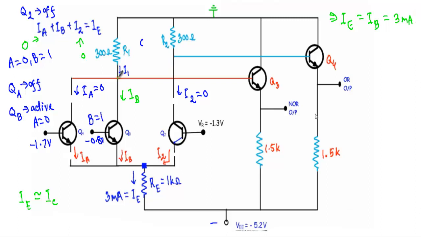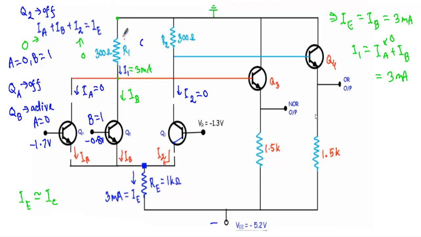If I apply KCL here, you will see our I1 will be equal to the sum of IA and IB, which will be equal to 3 milliampere. Here this IA will be 0, but this IB will be equal to 3 milliampere. So I can say that 3 milliampere current will flow from this terminal to this terminal.